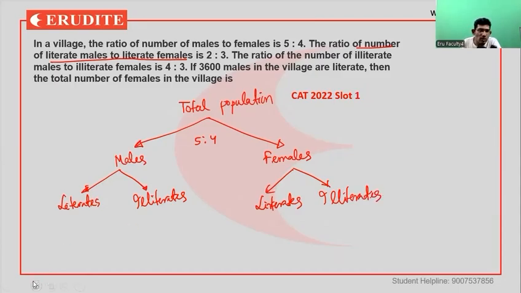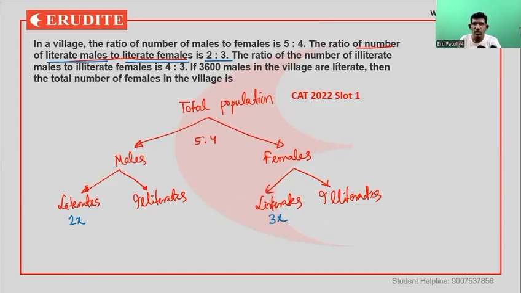Now the question says that the ratio of the number of literate males to literate females is 2:3. So let's say literate males is 2x, so literate females will be 3x, in the 2:3 ratio. So 2x and 3x, where x is any constant.